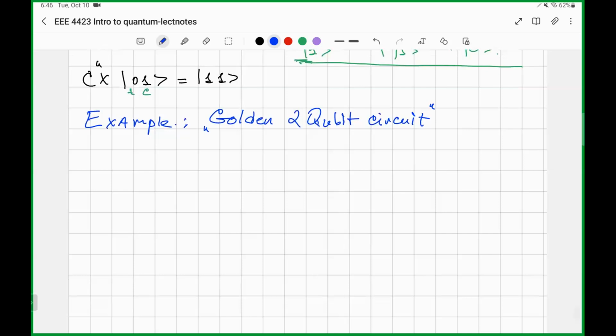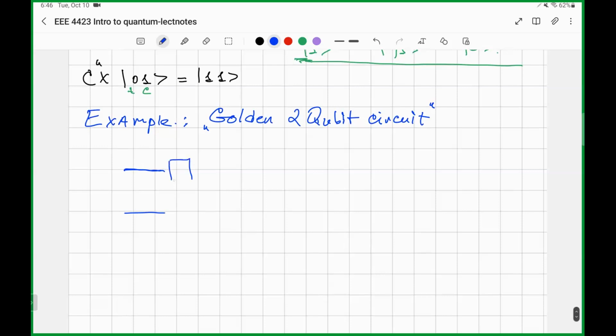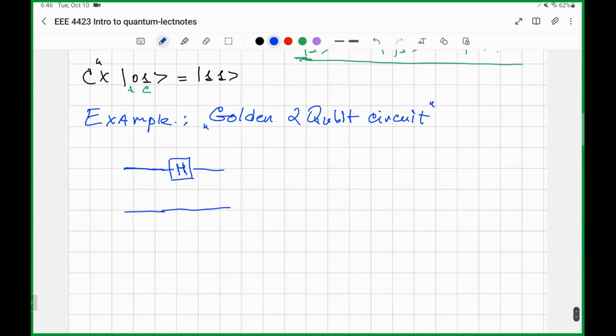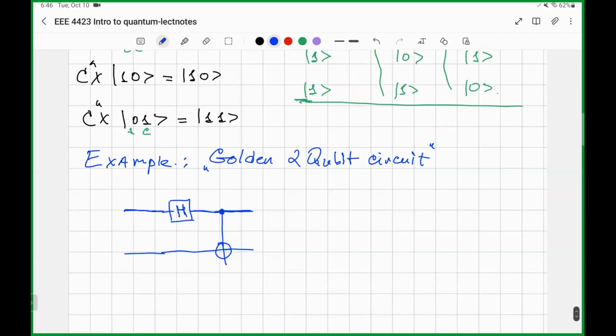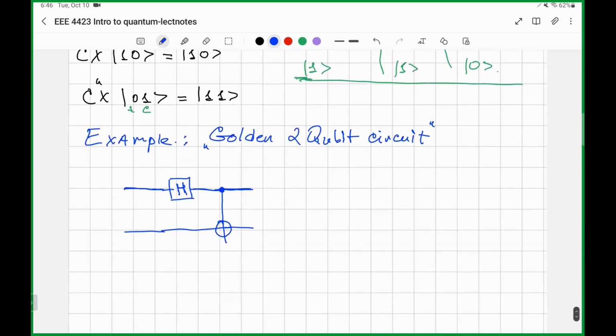So this golden 2-qubit circuit contains 2 qubits, of course, so 2 lines. Then I apply the Hadamard gate on the first qubit, H here, okay? And then I apply the C0 2-qubit gate like this, with the control upper and the target lower qubit.